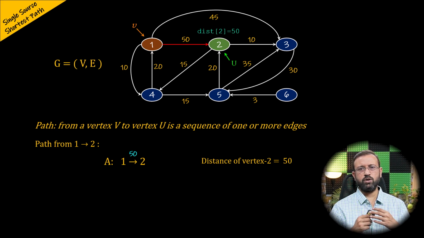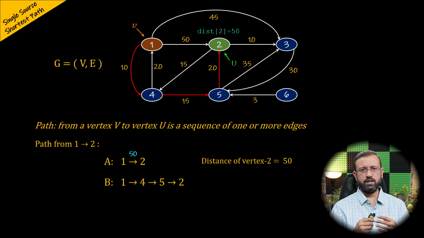Then, there is also another path from vertex 1 to vertex 2 using intermediate vertices 4 and 5. That is from vertex 1 to vertex 4, then from vertex 4 to vertex 5, and finally from vertex 5 to vertex 2.